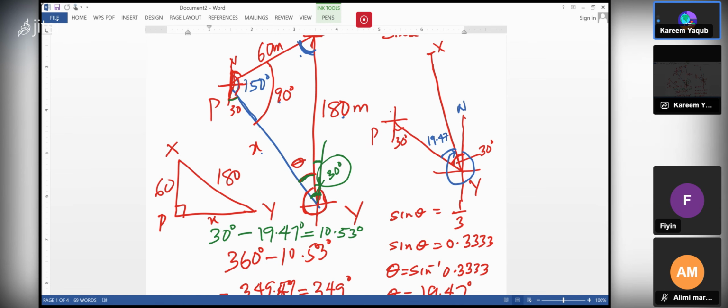The only part we don't need here is this small part. So how do we get that? Since from this line to this line is 30 degrees, and from here to here is 19.47 degrees, we subtracted 19.47 from 30 to get this place to be 10.53 degrees. So when you now remove 10.53 degrees from 360, that will give us the bearing of X from Y.